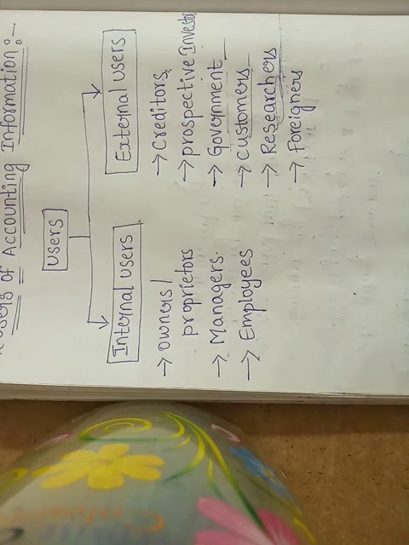On the basis of this accounting information, the foreigners make up their minds for imports and exports also. So these are the foreigners. This question is very important for long answers: who are the users of accounting information, or discuss the various users of accounting information.